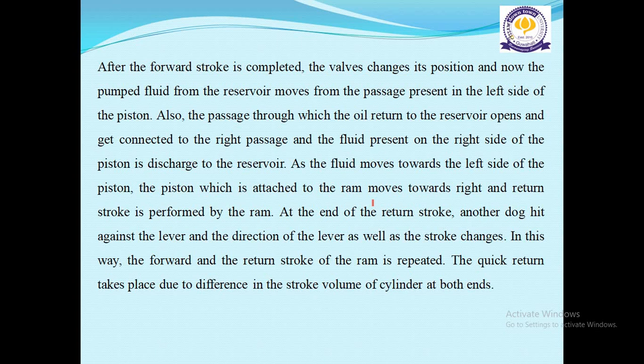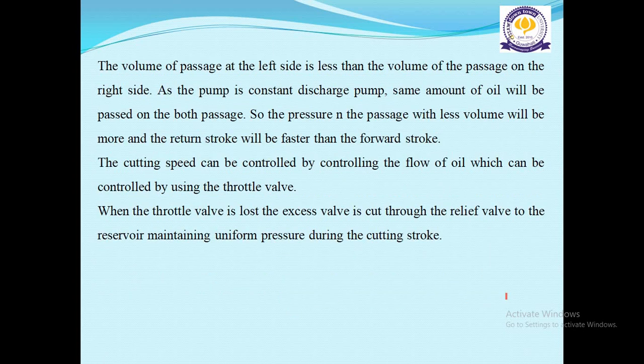The quick return takes place due to the difference in the stroke volume of the cylinder at both ends. The volume of the passage on the left side is less than the volume on the right side. As the pump is a constant discharge pump, the same amount of oil will be passed to both sides.